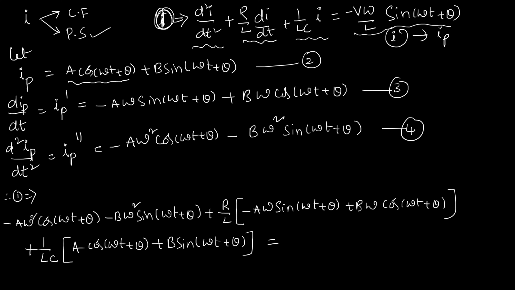The other side of the equation is minus v omega by l sine(omega t plus theta). Now on the left side we separate the sine and cos terms. The cos coefficient is minus a omega square plus b omega r by l plus a by lc, multiplying cos(omega t plus theta).